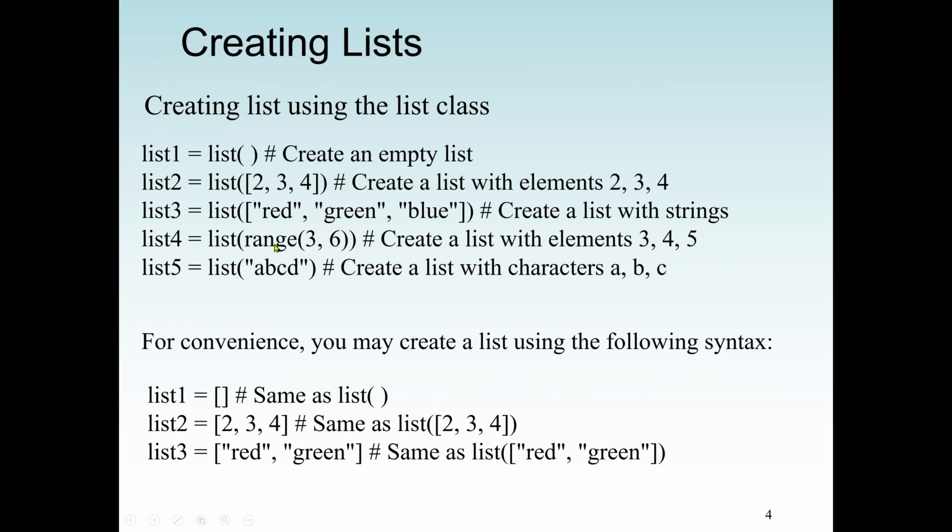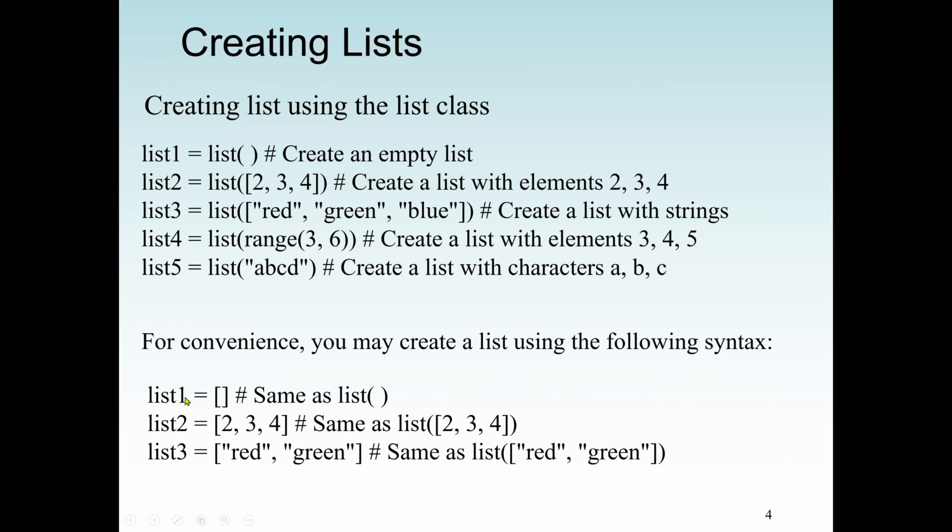So we are creating a list whose items will be 3, 4, 5, and we are using the range function. The last list we create is called list5, and this list has items A, B, C, which means we are going to create a list and the items will be A, B, C.